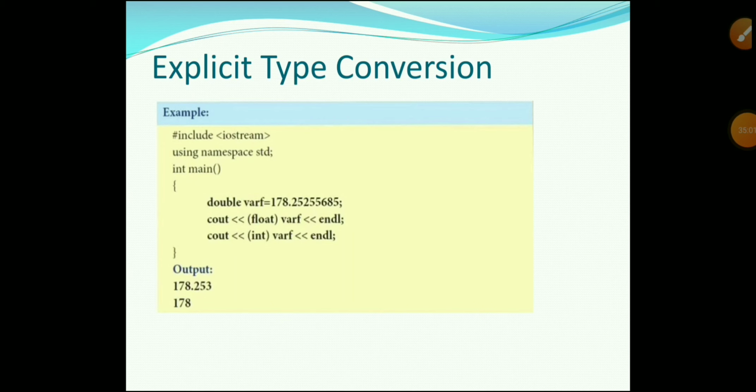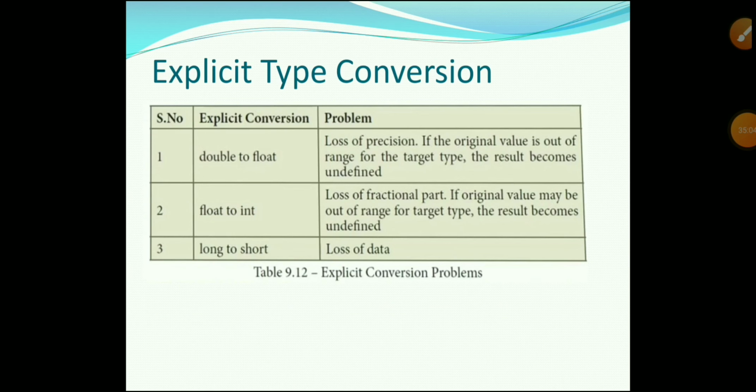So, explicit type conversion. See here, explicit conversions are double to float, float to integer, long to short. We convert the value from one type to another type. How is it? Double to float. Double is one of the data types that stores lengthy values in a particular variable.